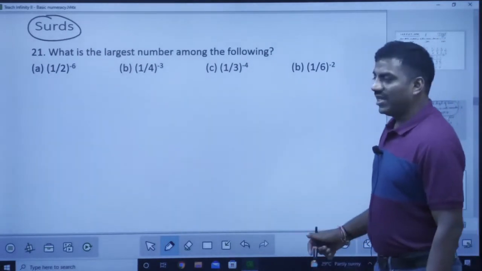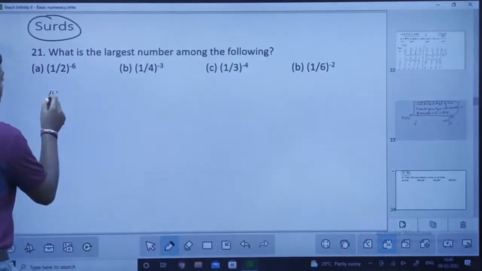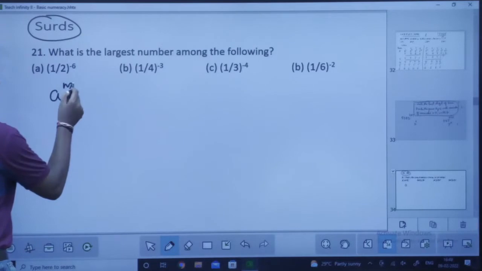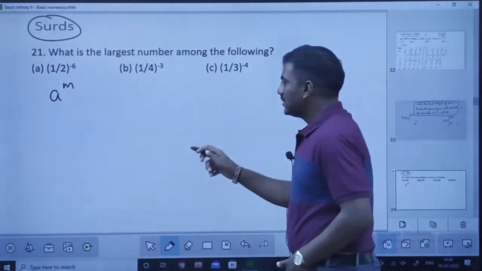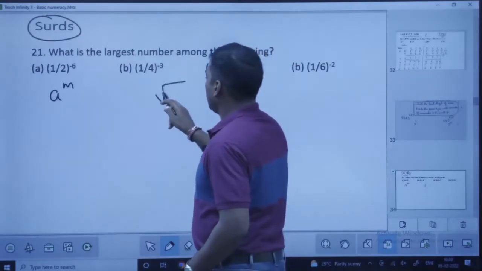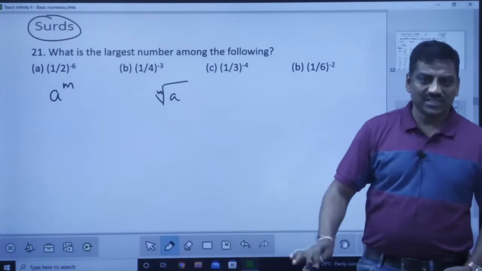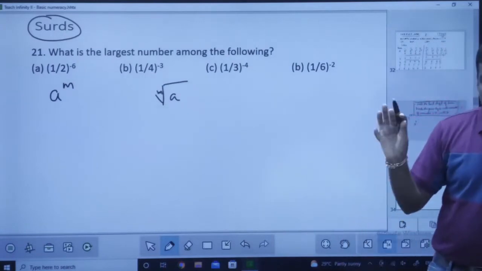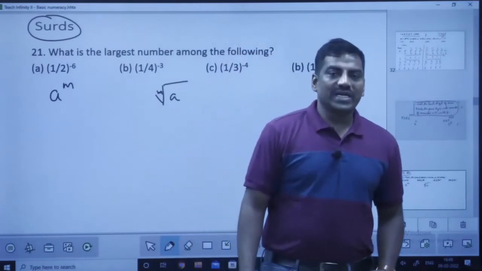Whenever you write something in the form of a to the power of m, it is nothing but a surd. Basically it is the mth root of a. We can manage with this. So one base and one power is called a surd.